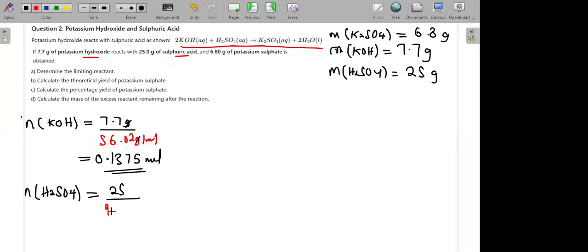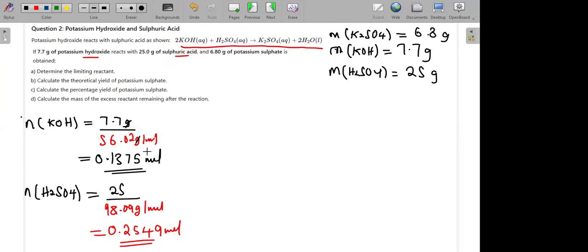So that's what I'm going to divide it with here. Okay, so when I do this now on the calculator, 25 divided by 98.09, what I get is 0.2549 moles. Okay, so those are the moles of sulfuric acid, those are the moles of potassium hydroxide.